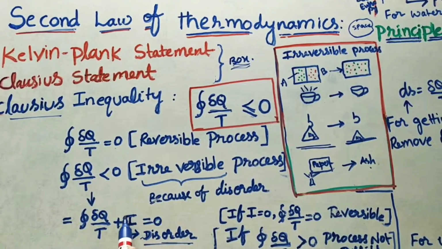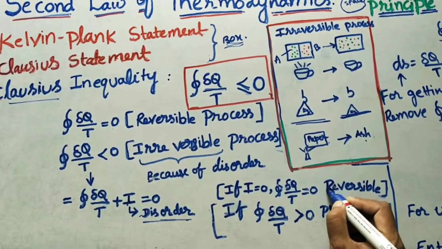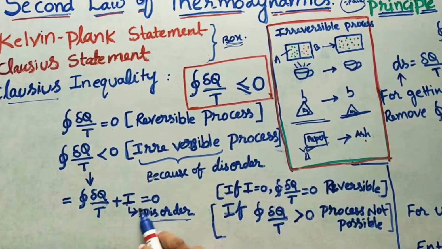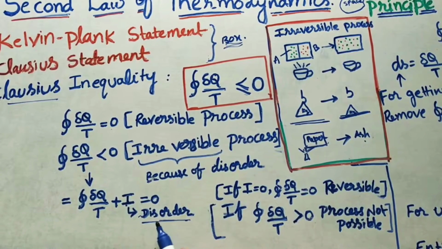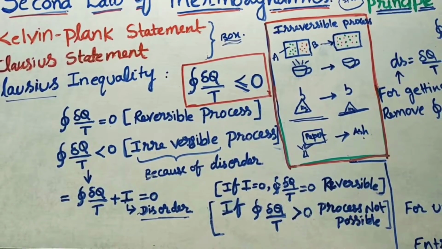According to this, if I is 0, meaning there is no disorder, it is a reversible process. Disorder 0 means all atoms are arranged in an ordered form, as in a reversible process.